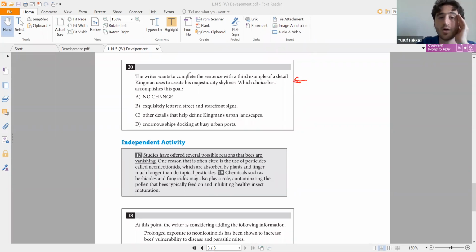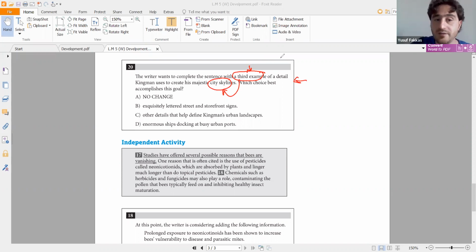Look, the writer wants to complete the sentence with what? With a third example. That's the first key phrase you should highlight. Of a detail that Kingman uses to create his majestic city skylines. So my third example should focus on the city skylines and the background of the city, right? Skylines. So these are my key phrases, and I have to highlight them both.